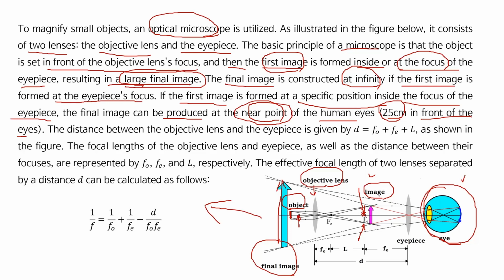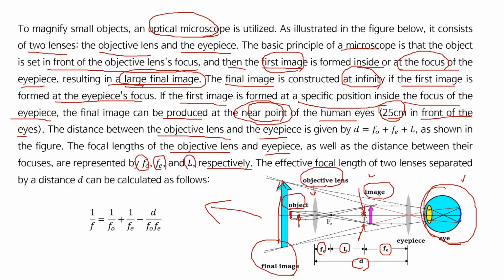The distance between the objective lens and the eyepiece is given by t. t is the sum of f_o, L, and f_e. The focal lengths of the objective lens and eyepiece, as well as the distance between their focuses, are represented by f_o, f_e, and L respectively.